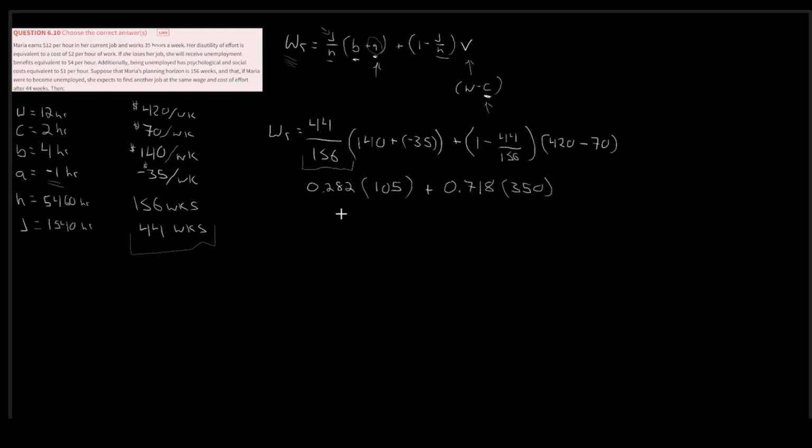So altogether, how does that work out? 0.282 times 105, that is 29.61, plus the period of time that I'm employed, that's going to be 251.30. Is that right? Yep, 251.30, giving us altogether our reservation wage of $280.91 per week.